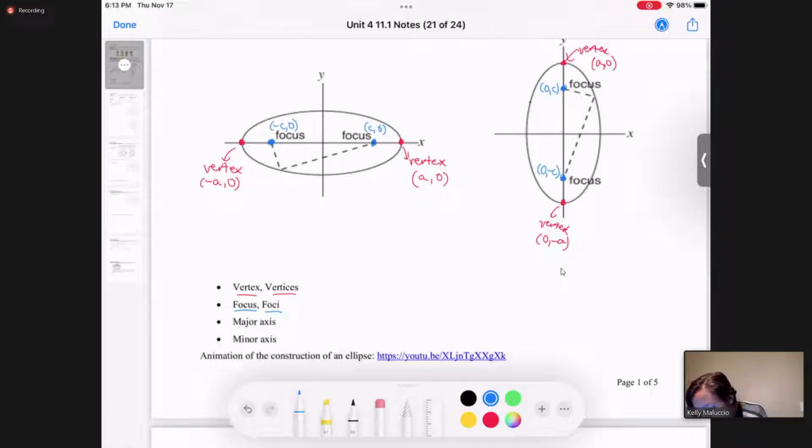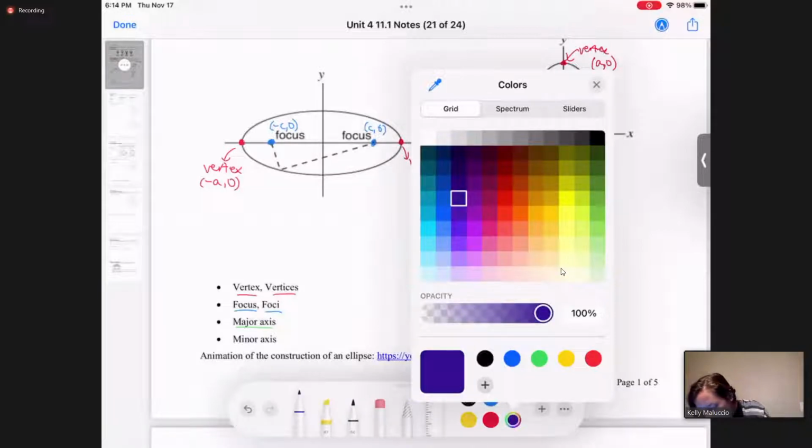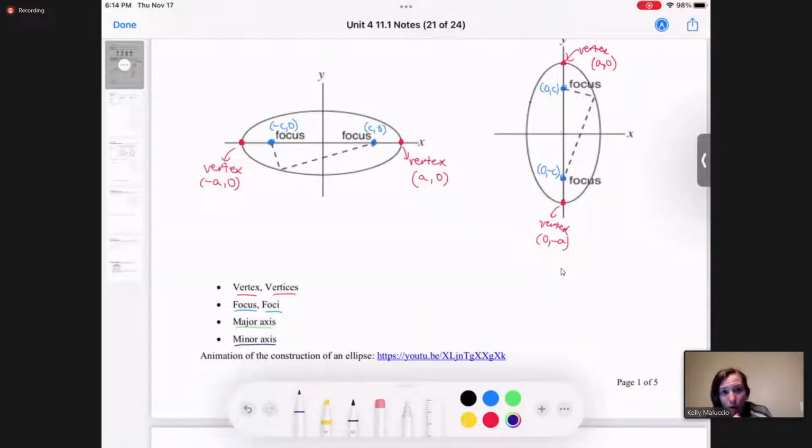Then we have the major axis and the minor axis. The major and minor is based on how long the x or y axis is inside this ellipse. So this here is going to be the minor axis, and this shorter one here, also the minor, right?